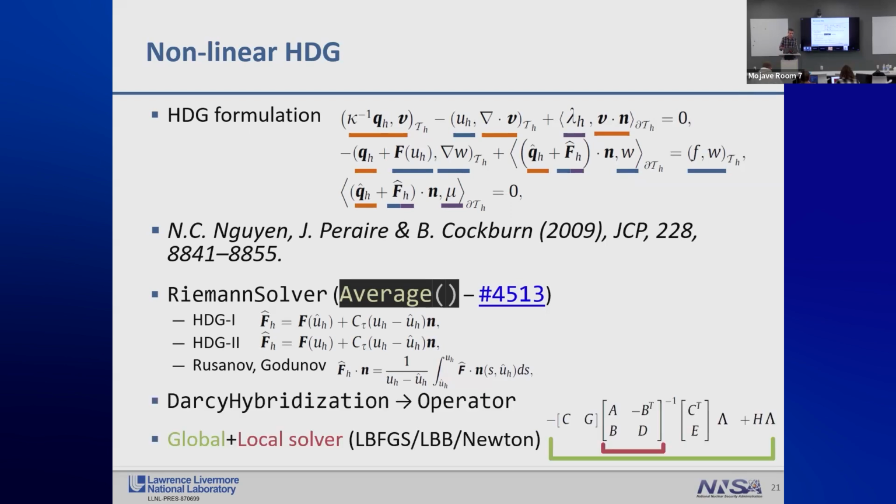And how it works then, the Darcy form returns us directly the Darcy hybridization object, which then acts as operator. And then we have two levels of global for the Lagrange multipliers lambda, where we use some nonlinear solver of choice, could be LBFGS, also LBB, or Newton solver, because Darcy hybridization also supports operator-based gradient.